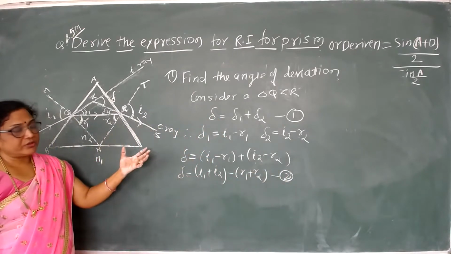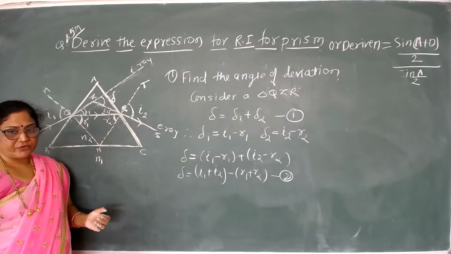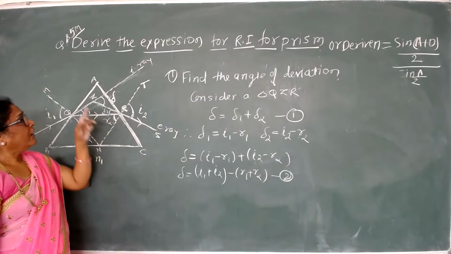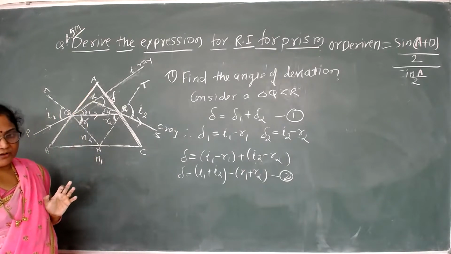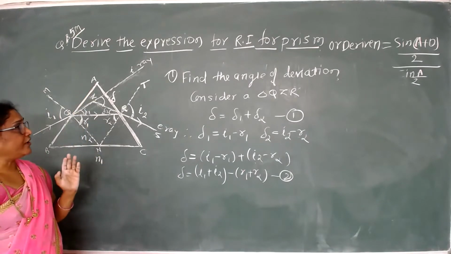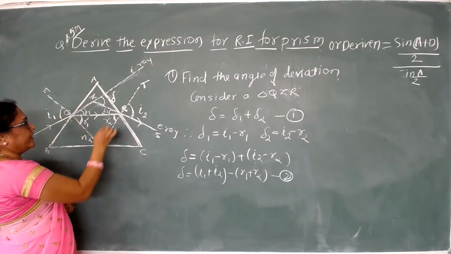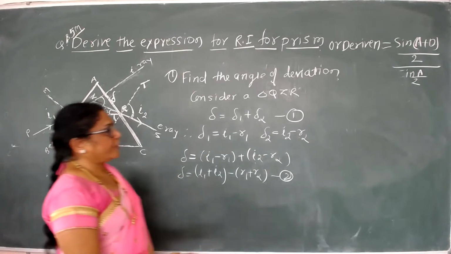Then to find the value of refraction, or to find the other values, we consider a quadrilateral, and that quadrilateral is AQNR.